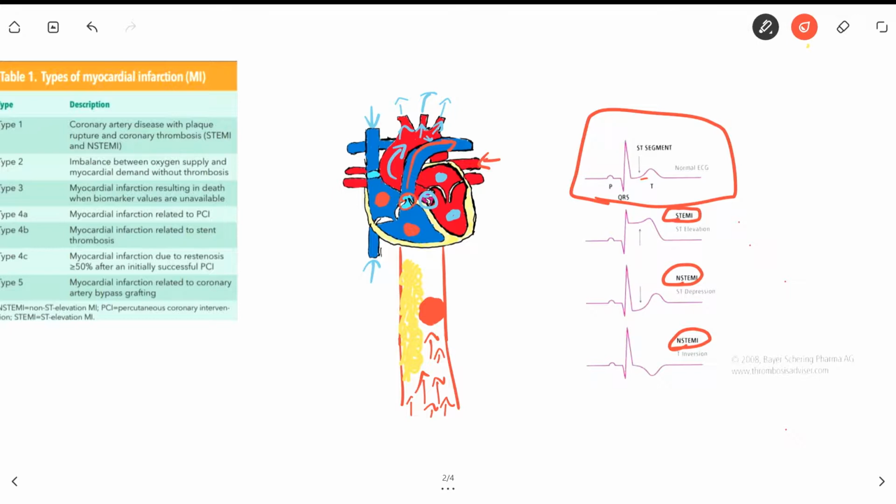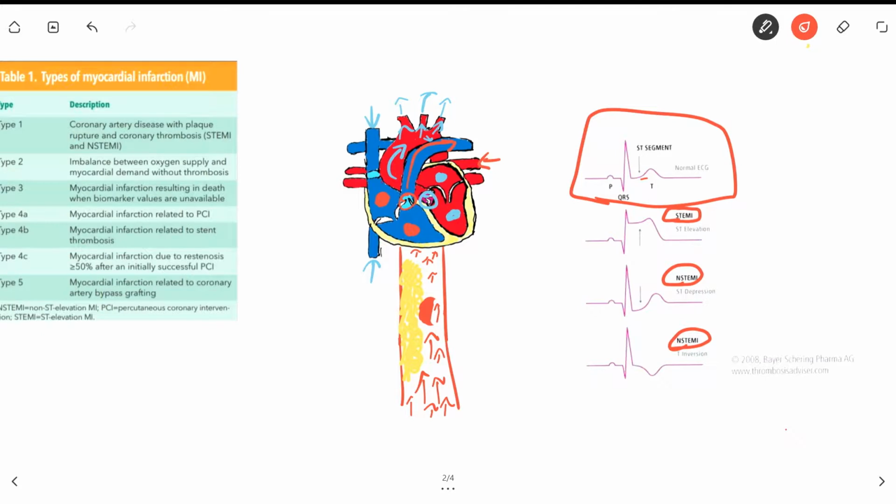And NSTEMI, yeah, you guessed it, is when the artery is mostly closed, but there's very minimal blood flow to the heart muscle, but there's still some blood flow. So non-STEMI is a little less severe than STEMI, but both of them are really severe.